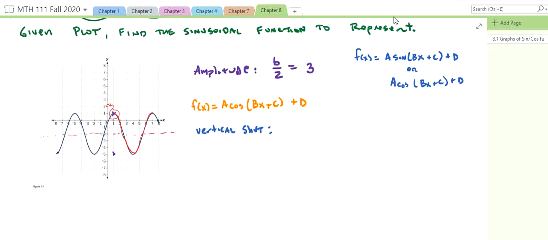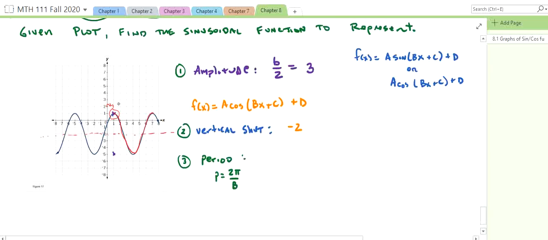To bring this line back up to x is 2, 1, 2. So we went down -2. So that's our vertical shift. Okay, now let's figure out our period next, because we know that P equals 2 pi over B. If we can figure out what our period is, we can calculate what B is.